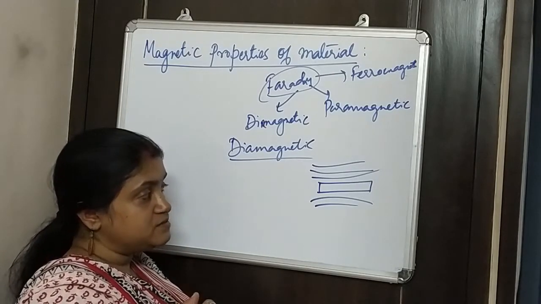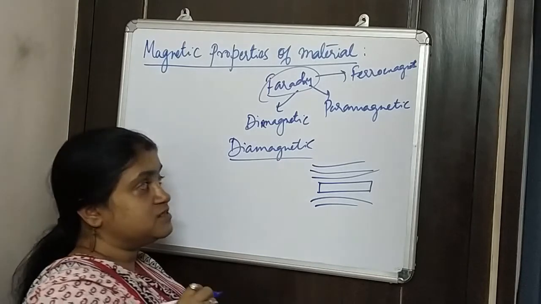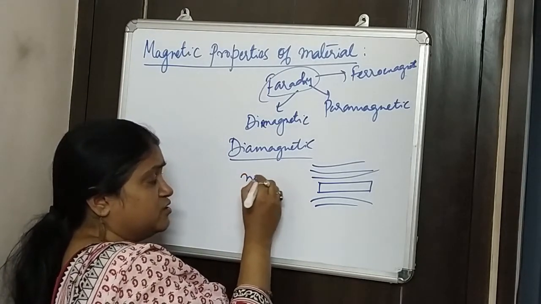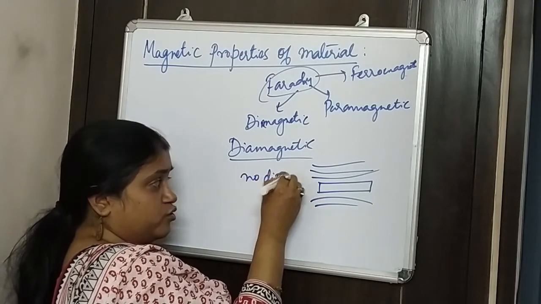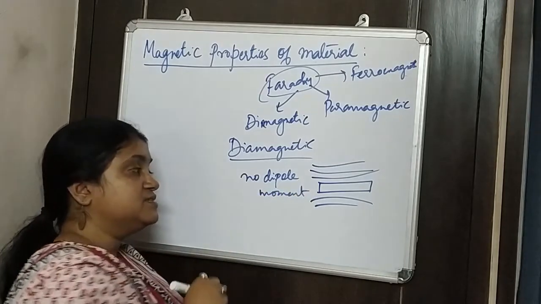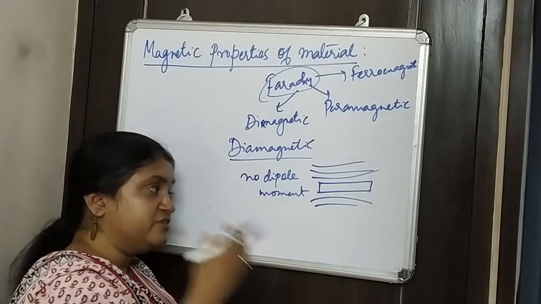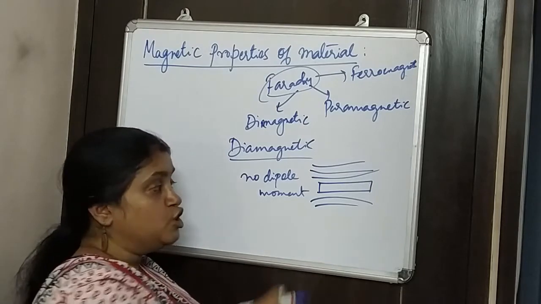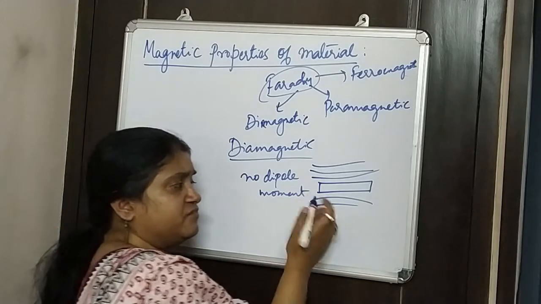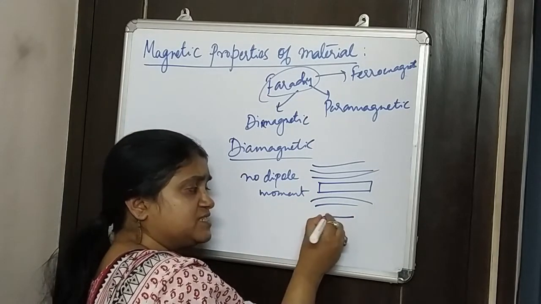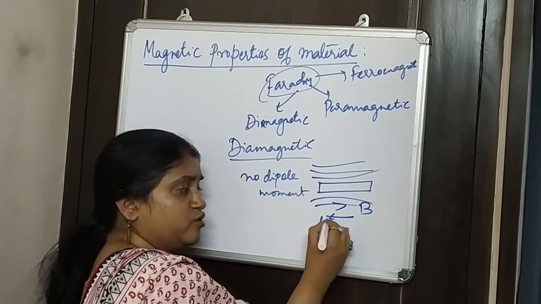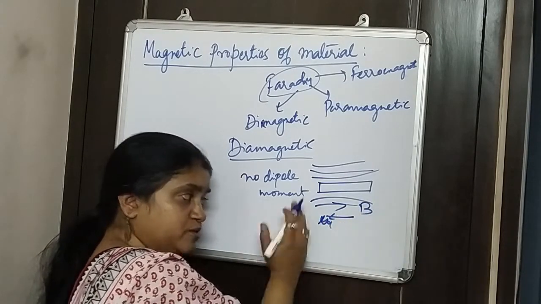Now what happens for diamagnetic substances is they don't have a dipole moment. In general conditions they don't have any dipole moment, so when they are placed in a magnetic field, they generate a very small dipole moment. If this is the direction of the magnetic field, then the dipole moment would be in the opposite direction.